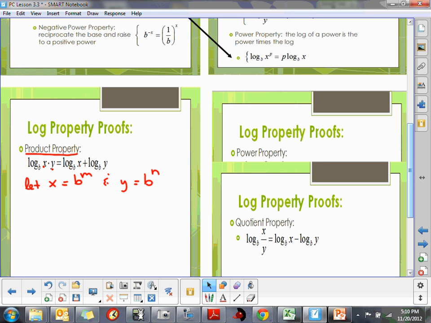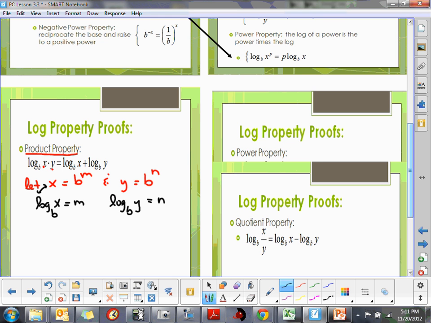If that is true, then by the definition of logarithm that we studied in lesson 3.2, I can rewrite this as log base b of x equals m. This is the format change that we got used to doing in lesson 2, and also what I reviewed with you at the very beginning. And we can rewrite y as log base b of y equals n. So those are equivalencies between exponential format and log format.